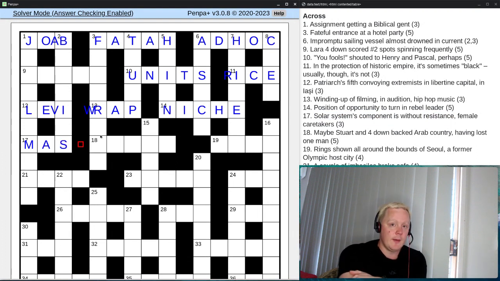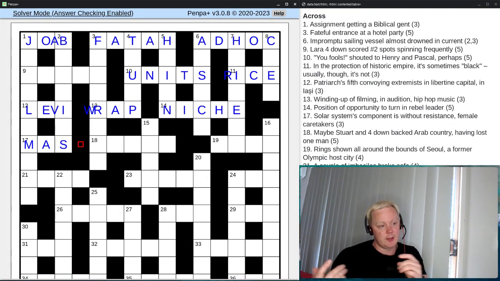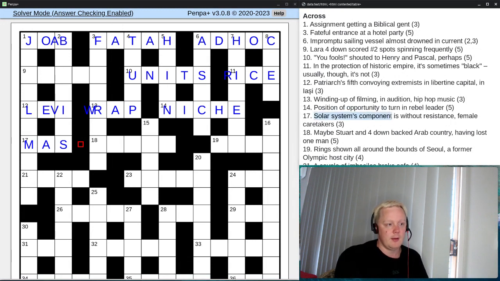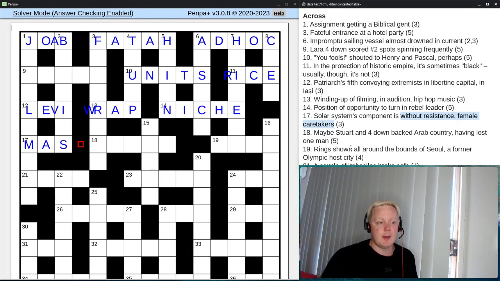Now, careful again here. This can be read in another way, which is almost identical wordplay, but in the other direction. So it can also be definition here, solar system's component, the answer being Mars, M-A-R-S. And how does that work? That's the connector. So the wordplay is here. Without resistance, female caretakers.